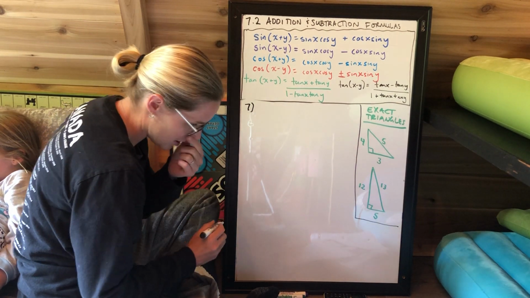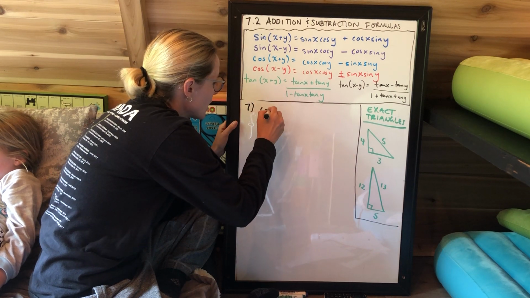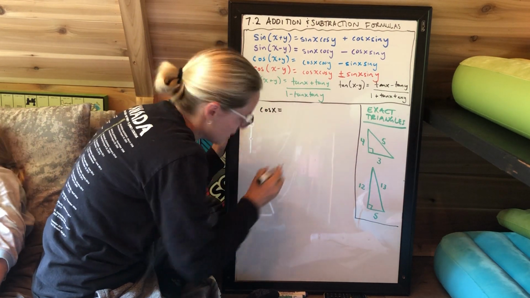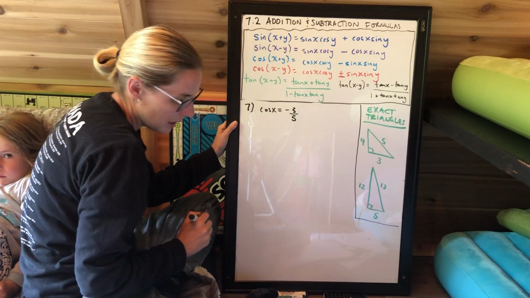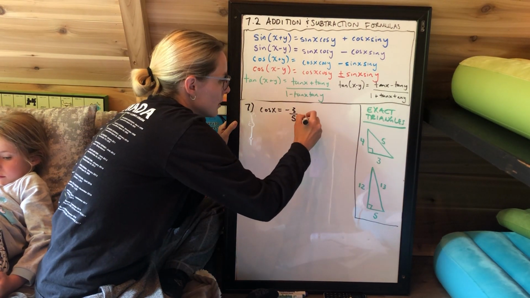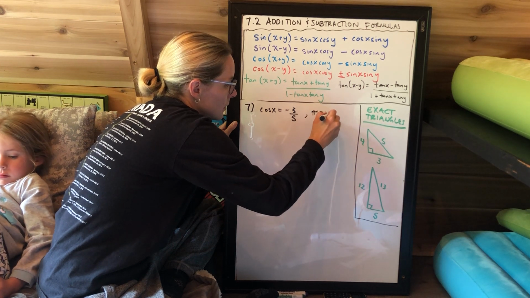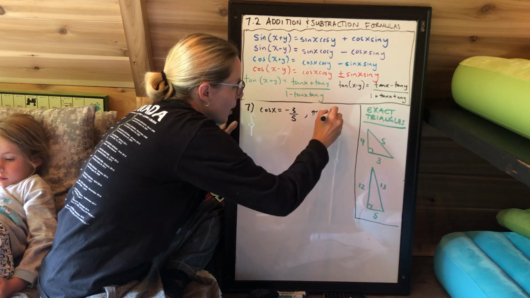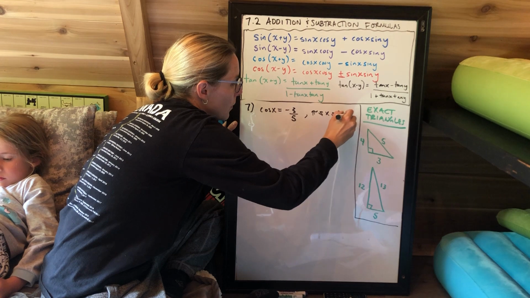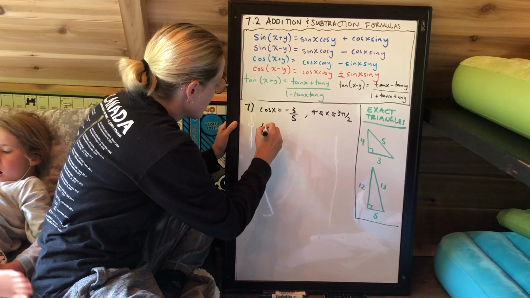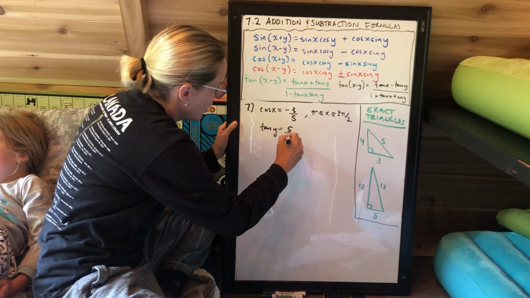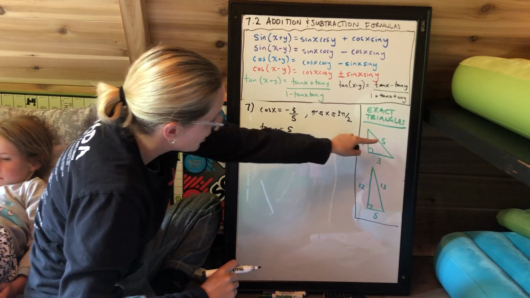So in number 7 it says, if cos x is negative 3 over 5, between pi and 3 pi by 2, and we know that tan of y equals 5 over 12, between 0 and pi by 2. You're going to start seeing 3, 4, 5 and 5, 12, 13.